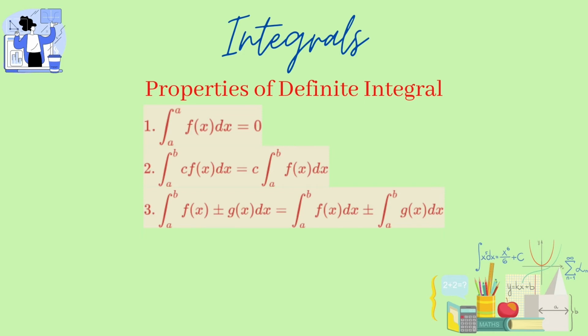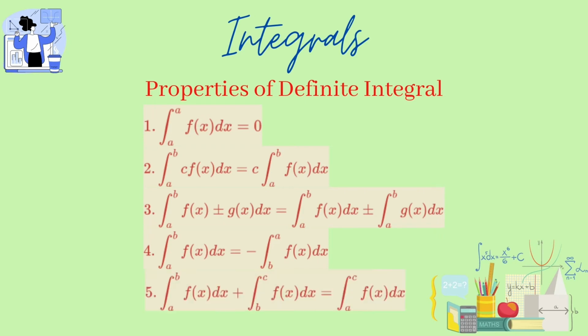Here, if the bounds of the interval are reversed, then the result is the negative of the definite integral. Lastly, if f is a continuous function on a closed and bounded interval containing the numbers a, b, and c, then the definite integral from a to b plus the definite integral from b to c is equal to the definite integral from a to c.